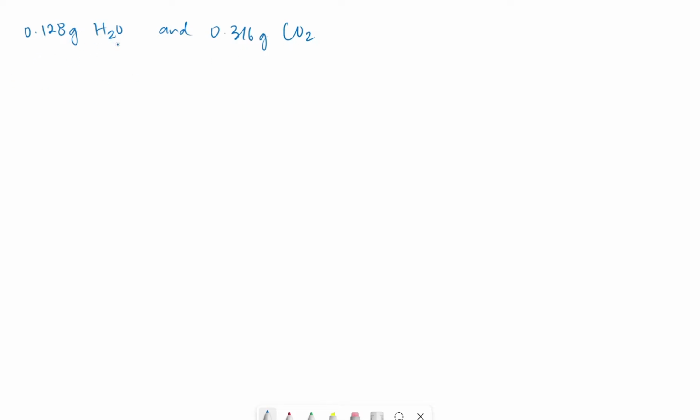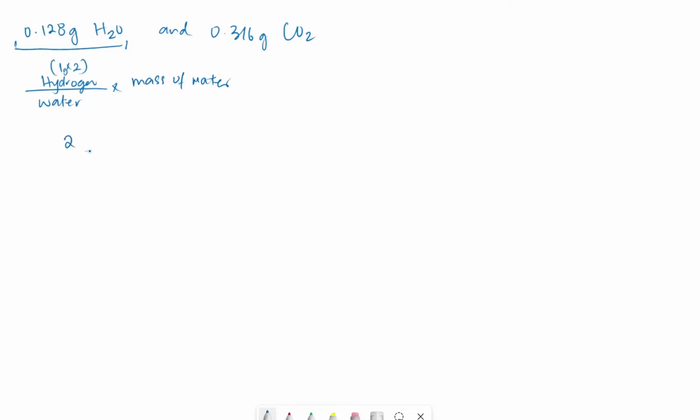So if we need to find out how much hydrogen was from this water, we'd essentially need to find the relative mass of hydrogen over the molecular mass of water, and multiply that by the mass of water formed. The mass of hydrogen is 1, but we have 2 of them, so we'd have to multiply that 1 by 2.